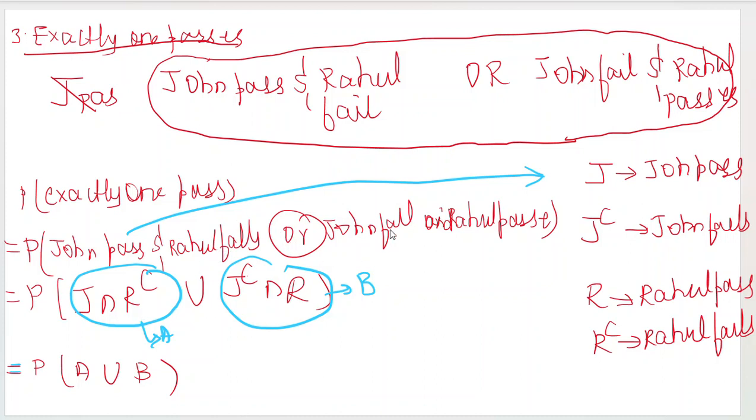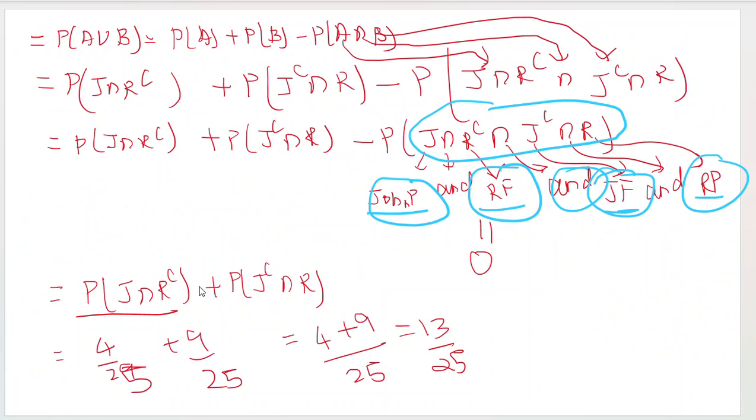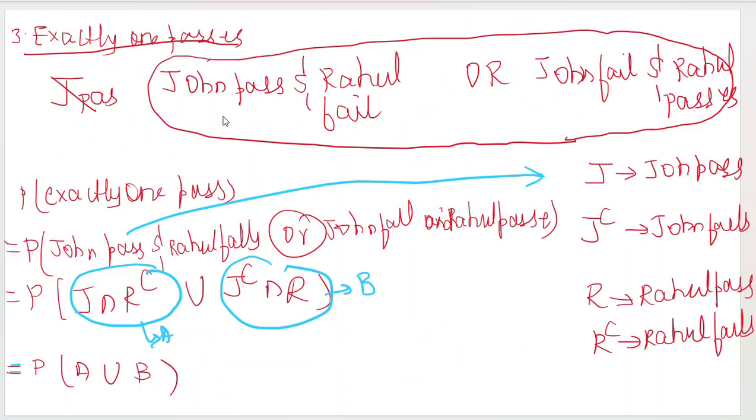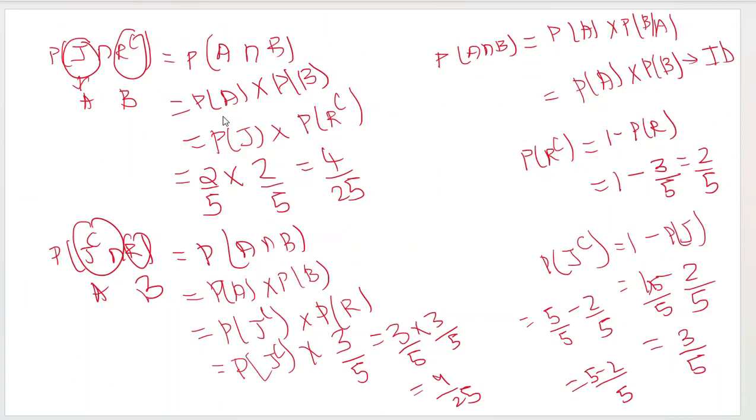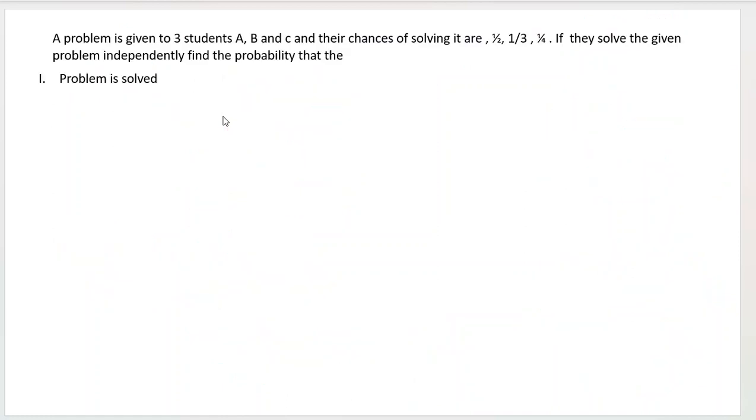This OR is replaced by union, John fails is written by complement, AND is replaced by intersection, Rahul passes is replaced by R. We use the replacement idea, then we use the addition theorem. We replace back what was A and B, and we observe that such an event cannot happen, which is why the probability is 0. Then we find the probability of the remaining two parts using the discussed ideas.